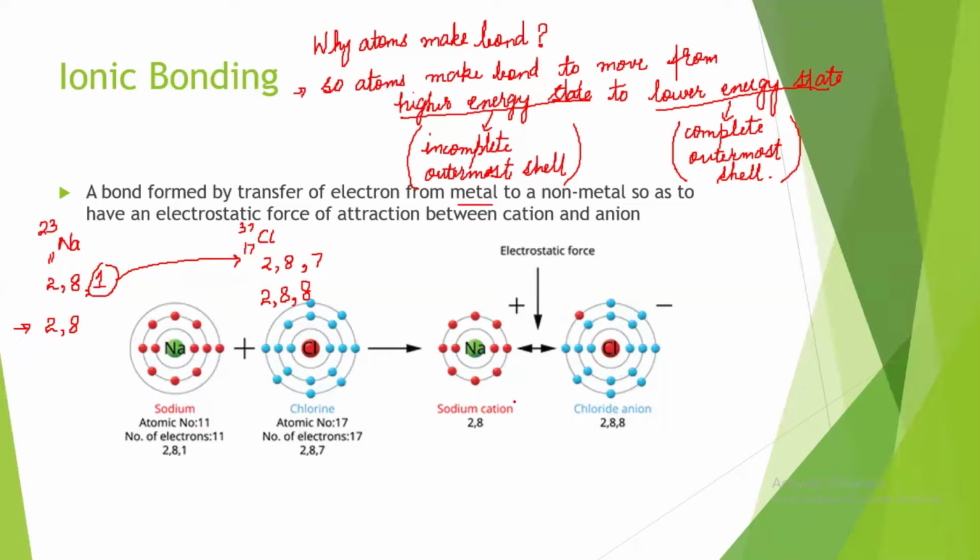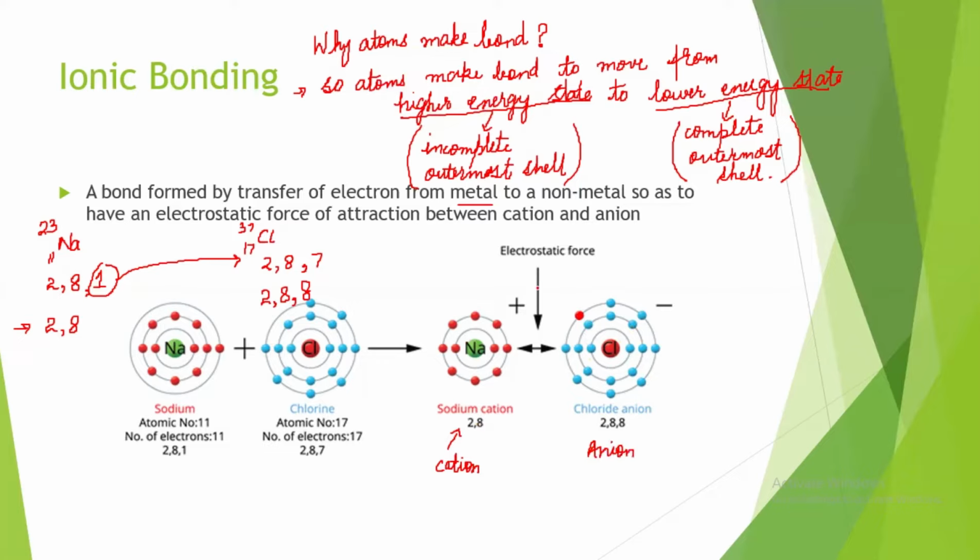You can see here, sodium has become a cation. The one which loses an electron becomes a cation. And the one which gains an electron, as we know, chlorine has gained this electron from sodium, so it has become an anion.